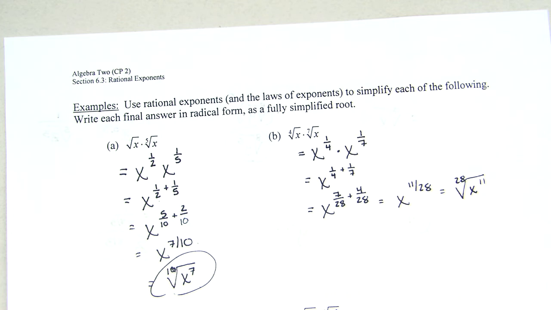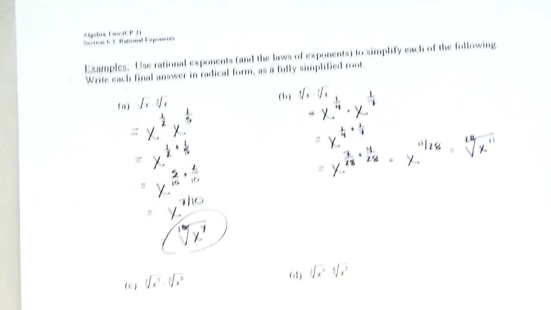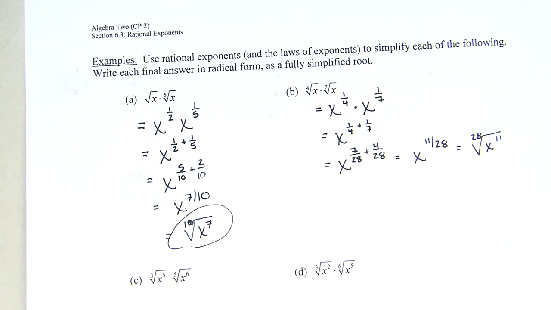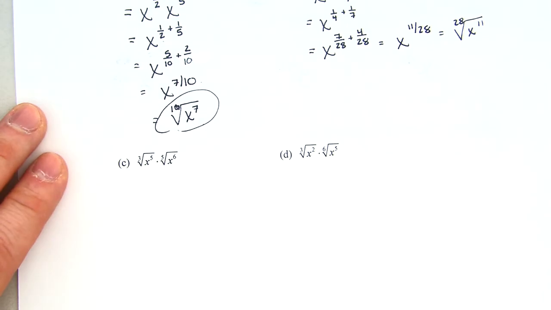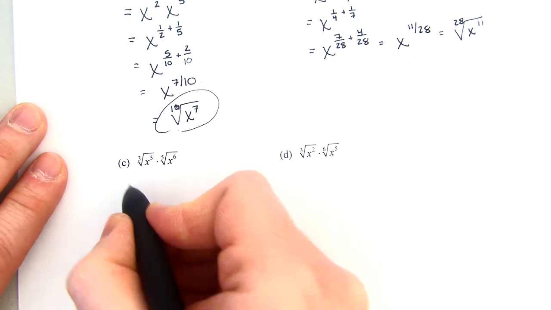Now, letter C. Can you take a moment and rewrite C in terms of fraction powers? And then once that's good, I'll send you off to do the rest. Priyanka, what did you make that first thing into?